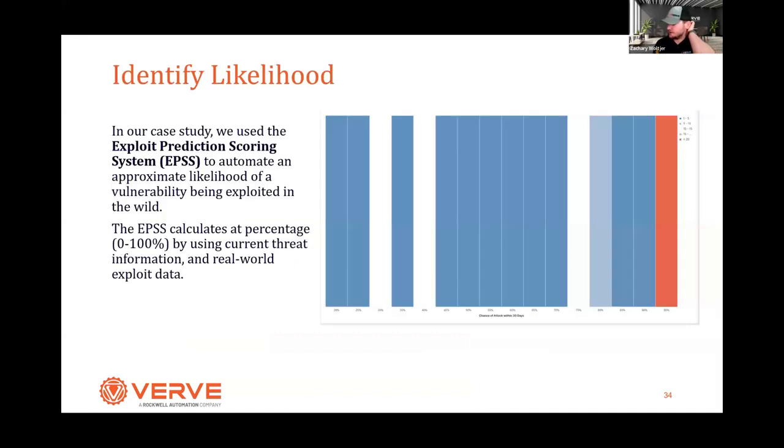So, identifying likelihood. In this case study, I used something called the Exploit Prediction Scoring System, or EPSS, which has been around since 2017. FIRST, the organization, developed it. This particular EPSS data feed being fed into our VAM instance is built and tailored a little more for an IT infrastructure, so take these likelihoods with a grain of salt.